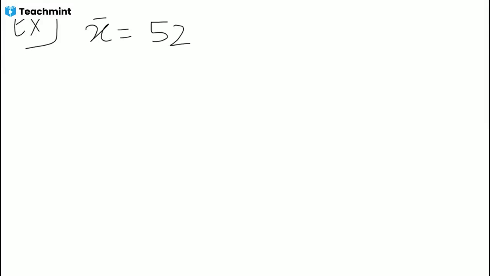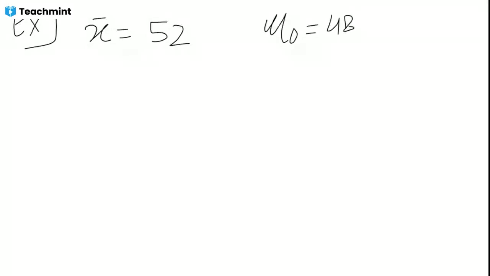So for example, we have the sample mean x bar given as 52 and mu 0 is 48, sigma is given as 8, and n is 9.